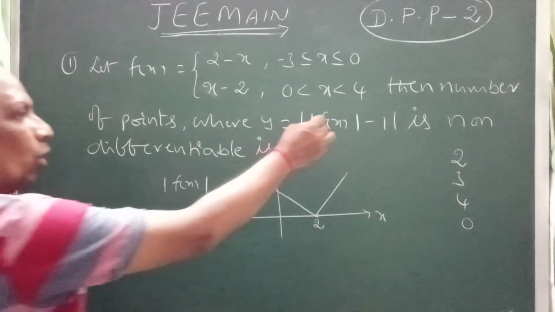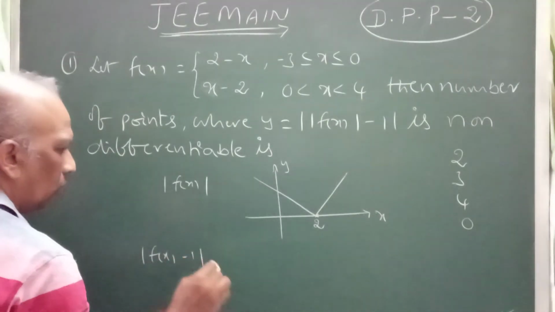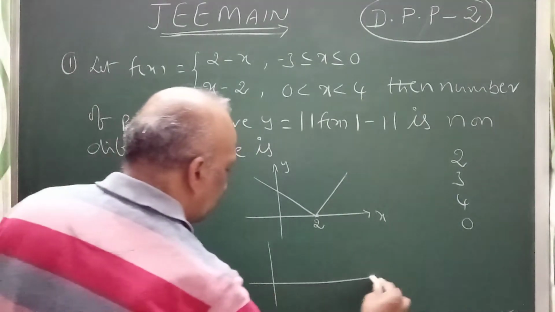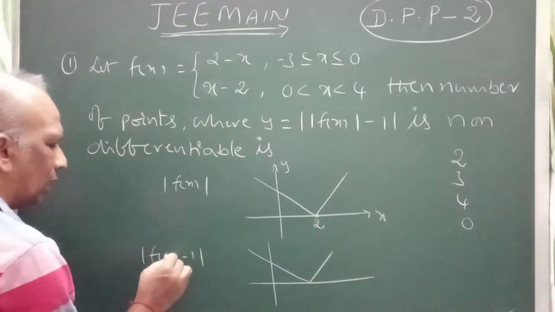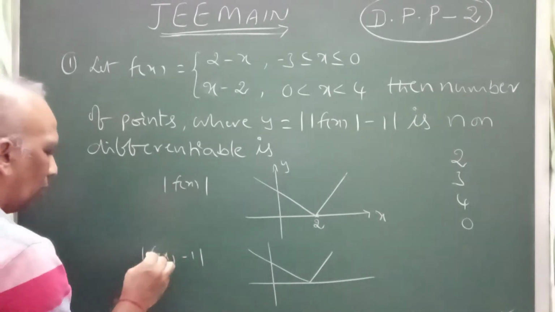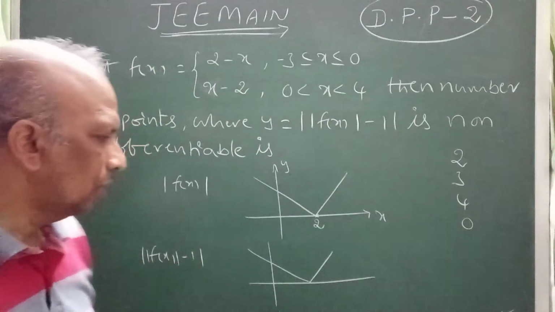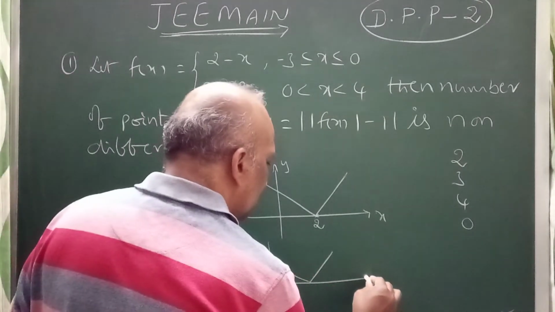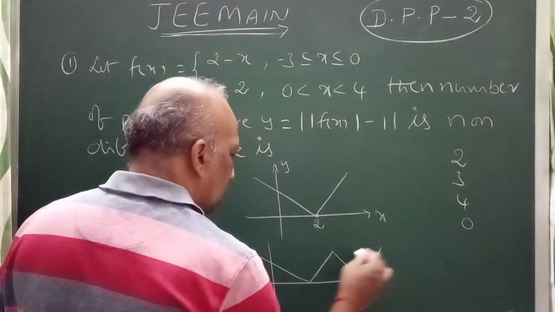But when you have taken mod f of x minus 1, think about the graph now. What will be happening here? At 2 you are removing 1, so the graph shifts and you get one more point like this.